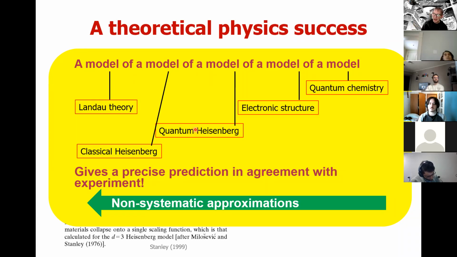These are all non-systematic approximations that you can kind of say seem reasonable, but they're not necessarily ones that you can say are systematic, and I can compute order by order in perturbation theory what are the corrections to these approximations. So you would think that normally if you make a theory which describes something in reality, and then you make approximations, as you make more and more approximations, the agreement with experiment will be reduced. And if you don't make too bad approximations, you'll be able to get reasonably good agreement with predictions.